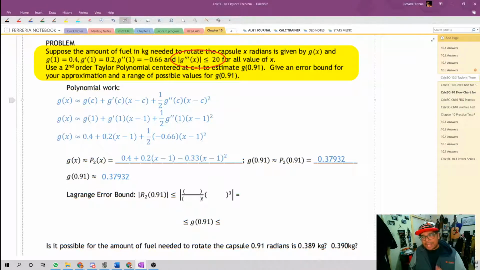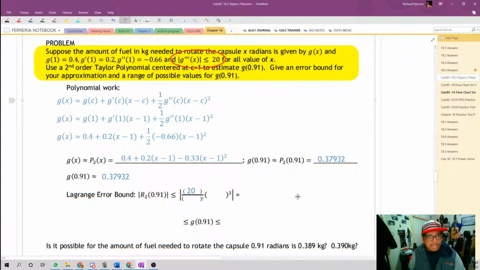Now remember what I said. In an academic problem, if you're meant to use a Lagrange formula for error, they're always going to give you the biggest value of the derivative in some way. Maybe not as directly as this, but somehow they're going to have to tell you the biggest value of the derivative that they want you to use.